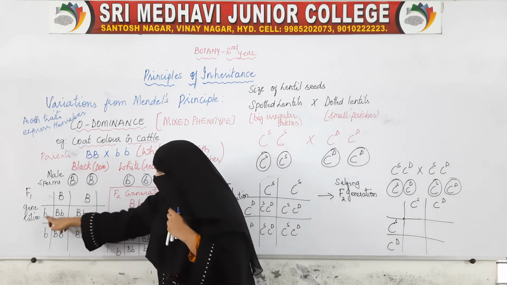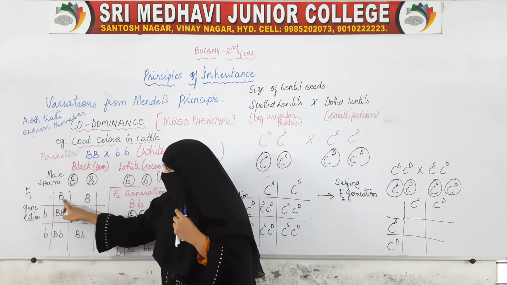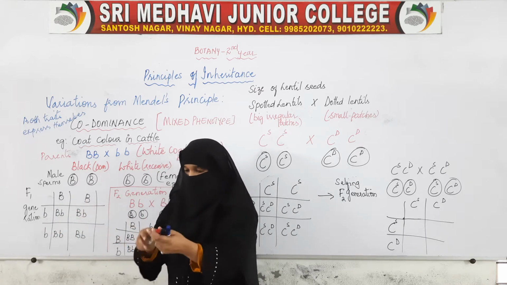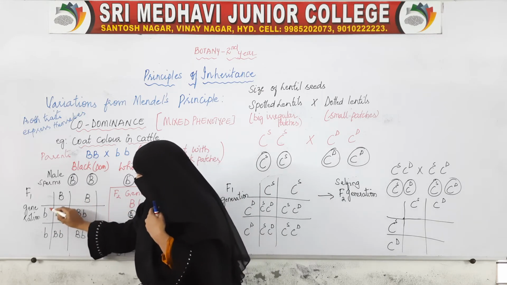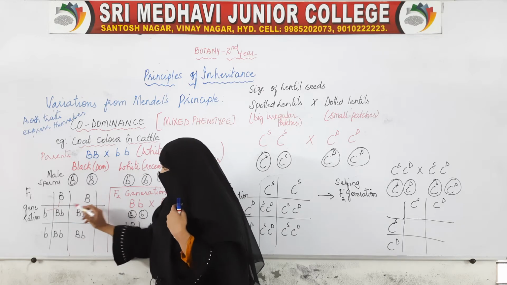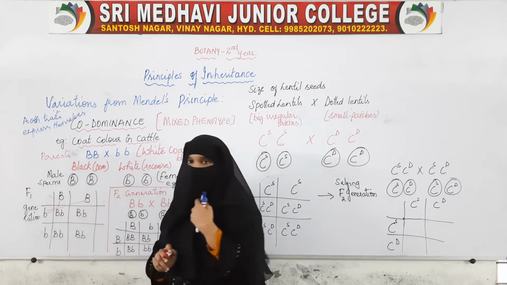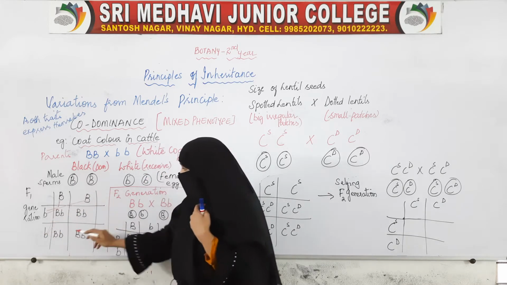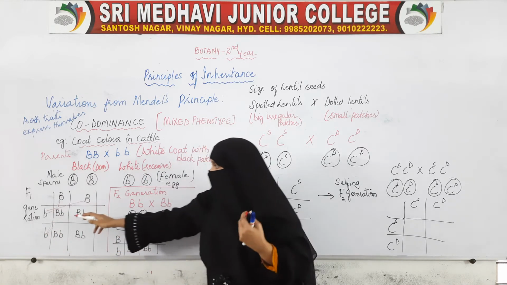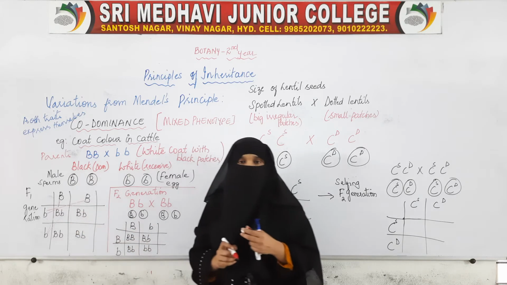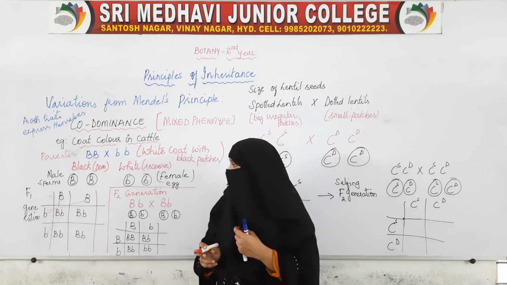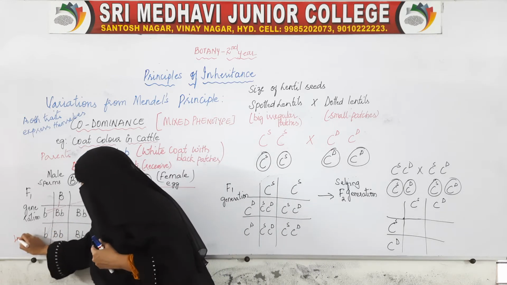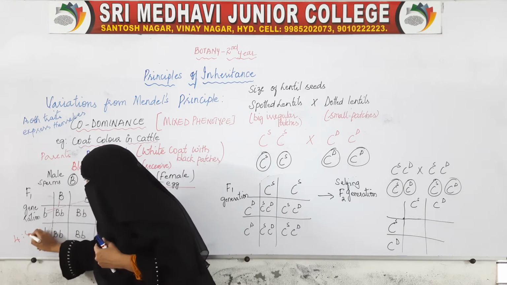So when we cross it, here it will be capital B, small b, and here also capital B and small b. How we are getting this, we already know. What we get is all four capital B and small b, that is 4:0.